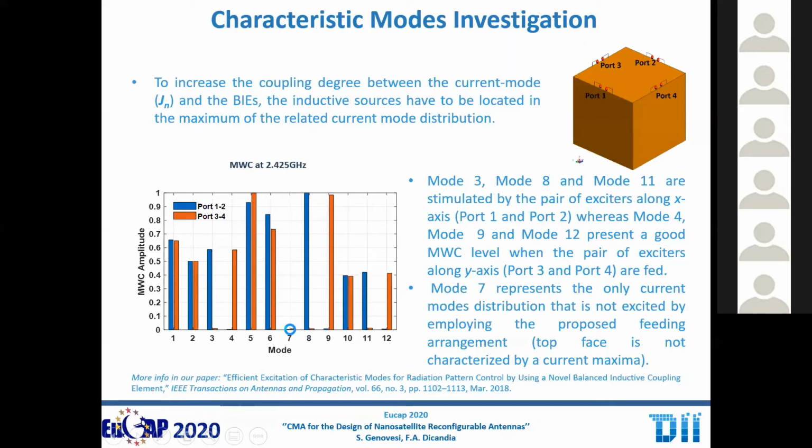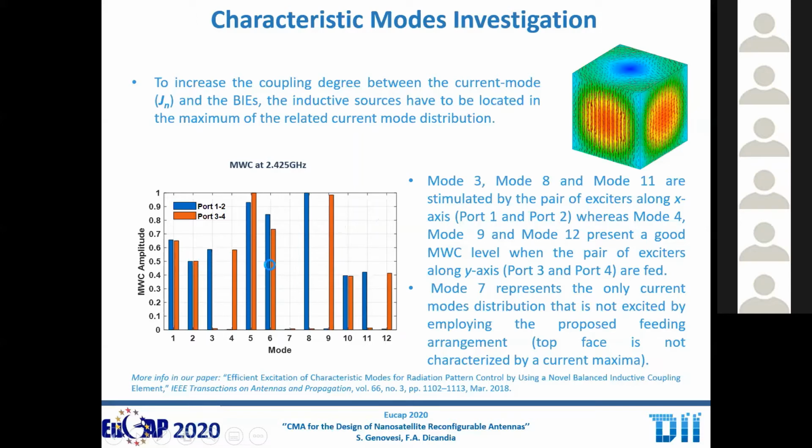Not surprisingly, we cannot excite mode 7 with this particular placement of the exciters, because if we look at the current distribution, there is no maximum on the edges or on the top face, so we are not able to excite this mode.